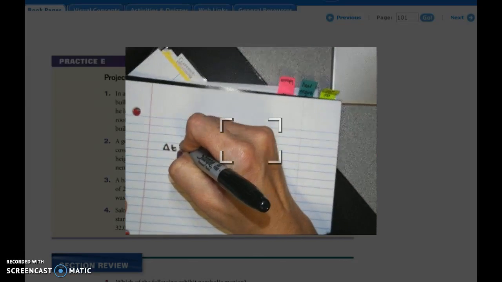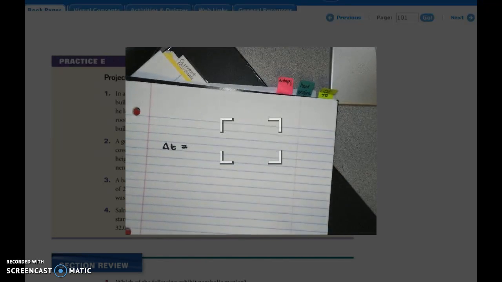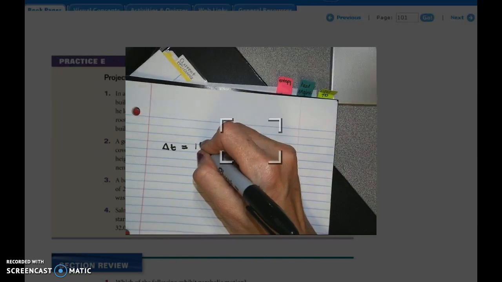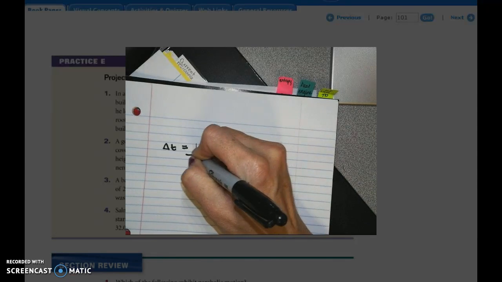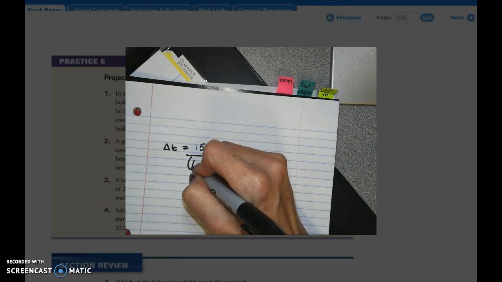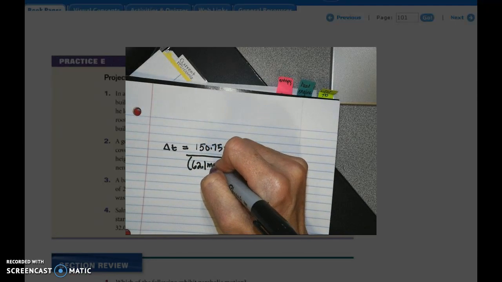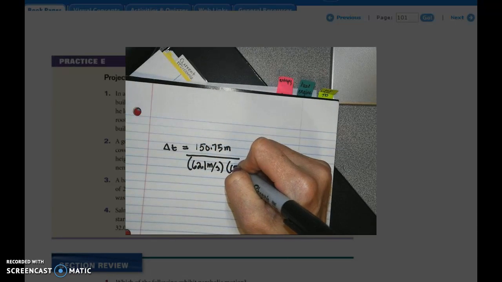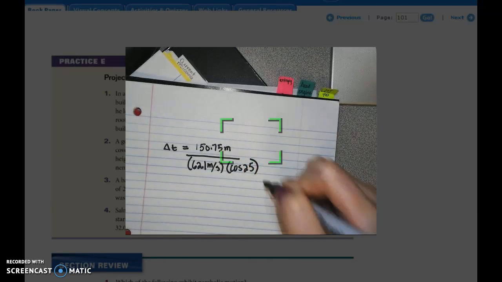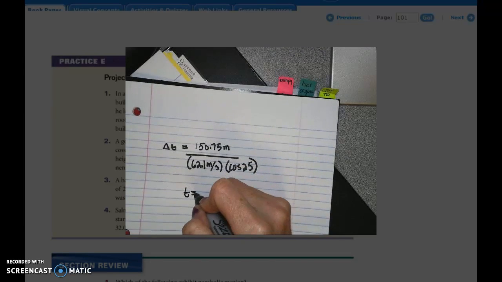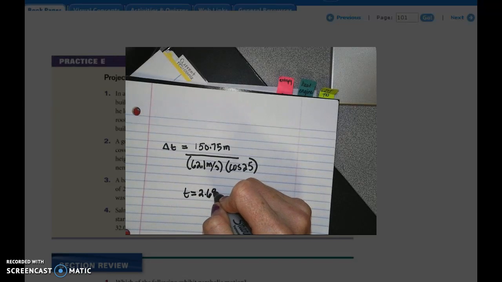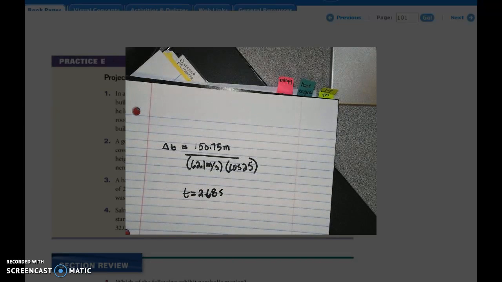Delta t equals delta x, which we said was 150.75, and v sub i was 62.1 times cosine 25. And when I do that math on your calculator, you'll end up with a time that is equal to 2.68 seconds. Now we're getting somewhere.